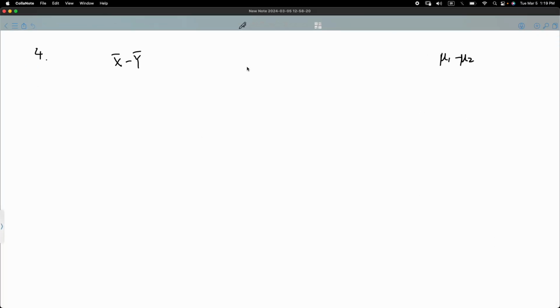Okay, so we can start from the intuition that usually x bar is a good estimator for mu1, and y bar is a good estimator for mu2. So hopefully this difference, x bar minus y bar, can give us some distributional information regarding that. So that's the reason why we want to start with x bar minus y bar.